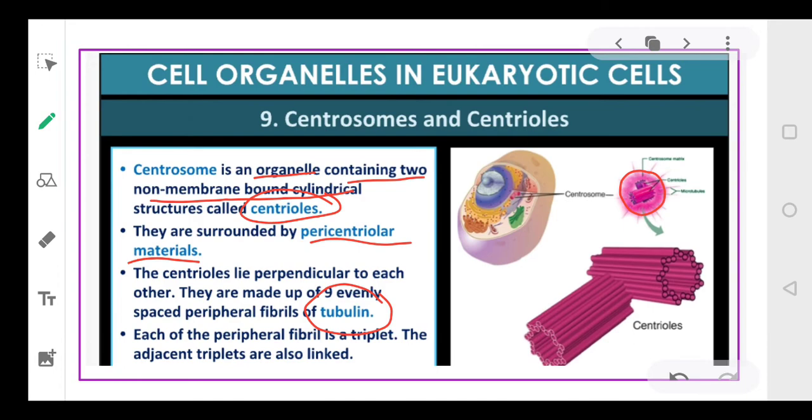So centrioles are held perpendicular to each other and they are made up of 9 evenly spaced fibrils, and these fibrils are made up of tubulin, and each of the peripheral tubulin fibers is in the triplet form. Okay, it is in the triplet form.